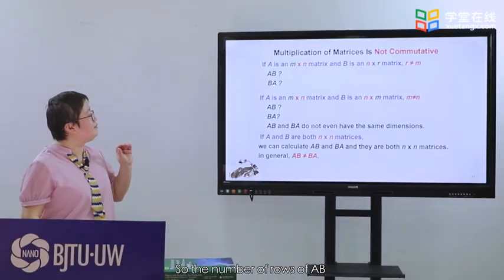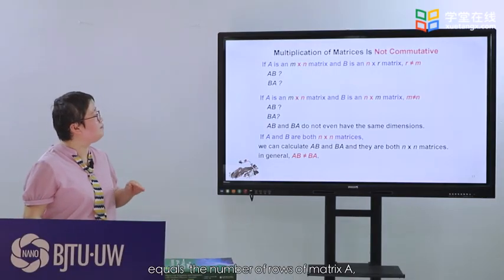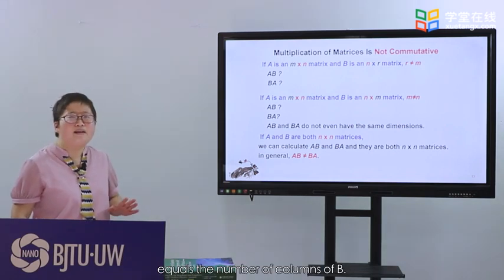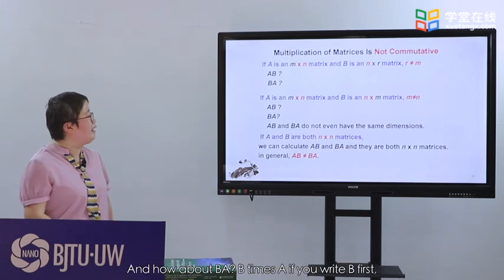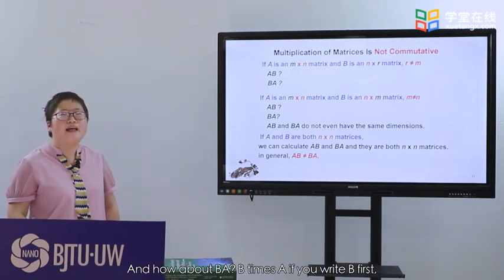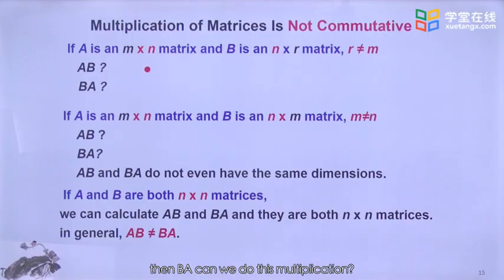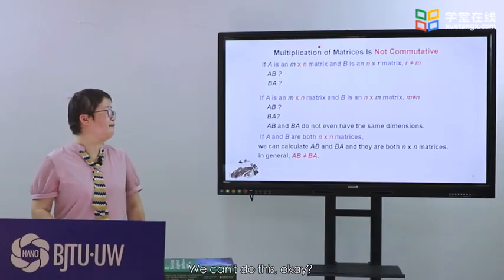The number of rows of AB equals the number of rows of matrix A, and the number of columns of AB equals the number of columns of B. And how about BA? If we write B first, can we do this multiplication? Because B is an n by r matrix and A is an m by n matrix, and r does not equal m, you cannot do this matrix multiplication.